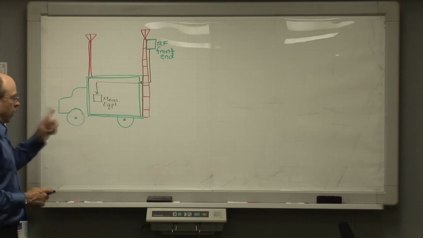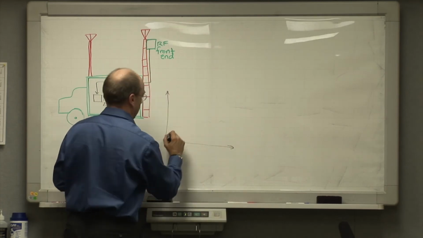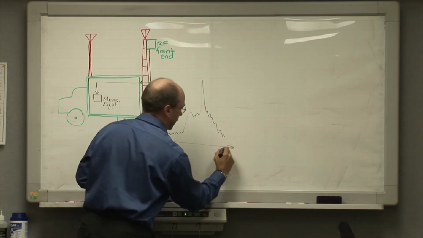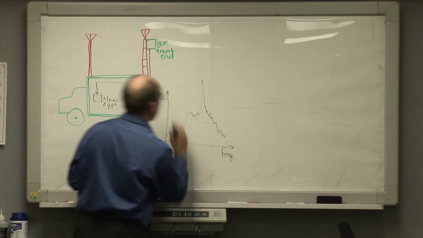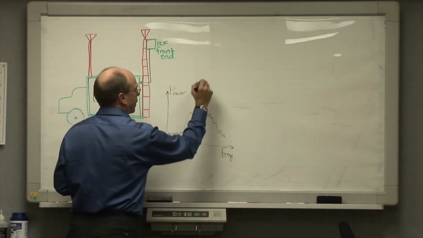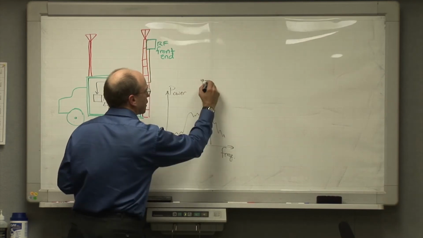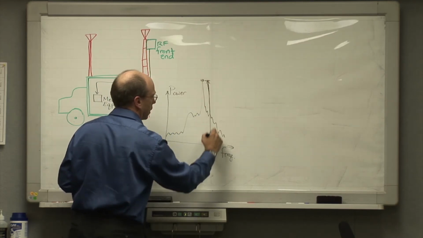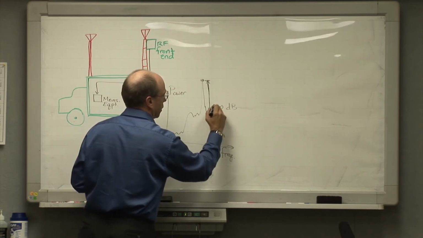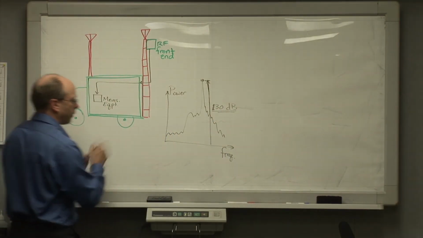Now, bear in mind that when we're trying to get the wide dynamic range on the radar measurement, like this, where the spectrum is going to look like this, frequency, measured power, we're trying to get this power level up to as much as 130 dB above the measurement system noise floor.